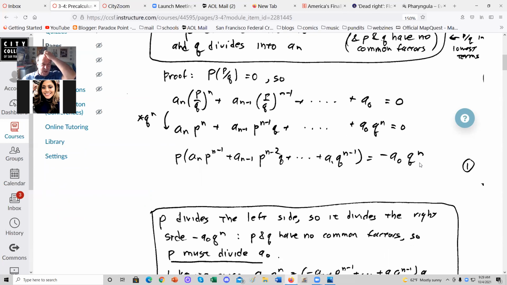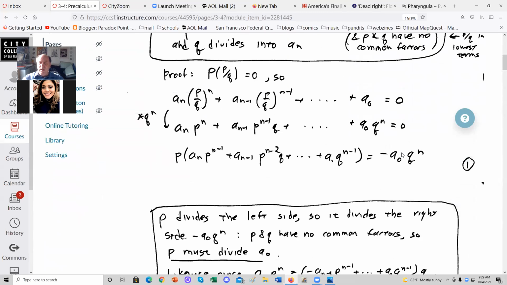Now, I should have said that we're assuming here that all the coefficients are whole numbers. So this is a whole number equation. And p divides the left side, so it has to divide the right side. But if p and q have no common factors, then p has to divide a_0.